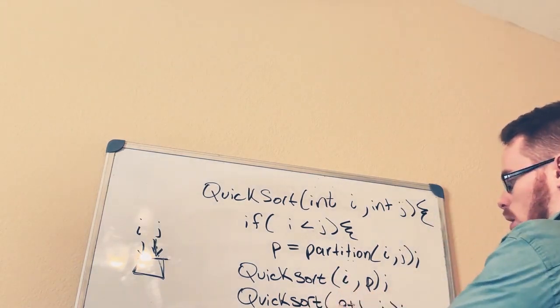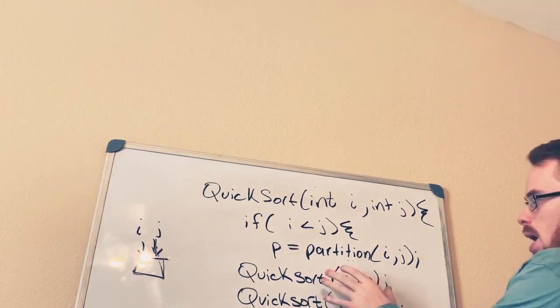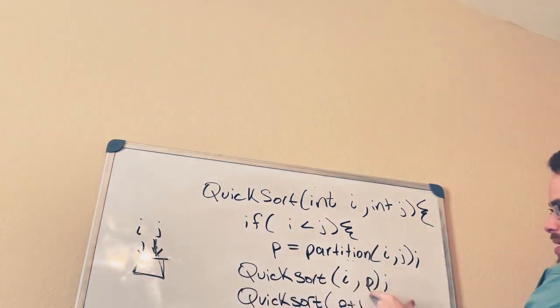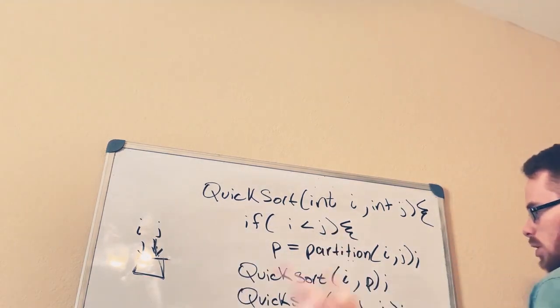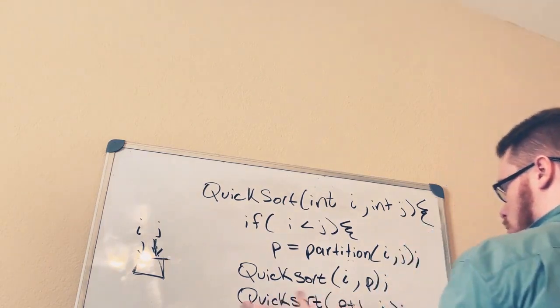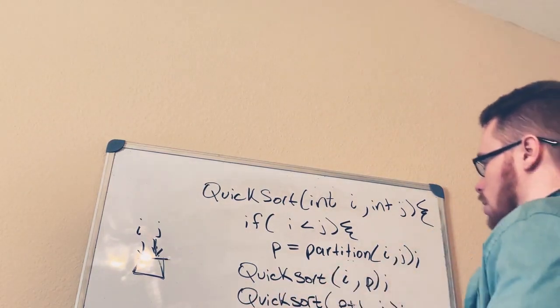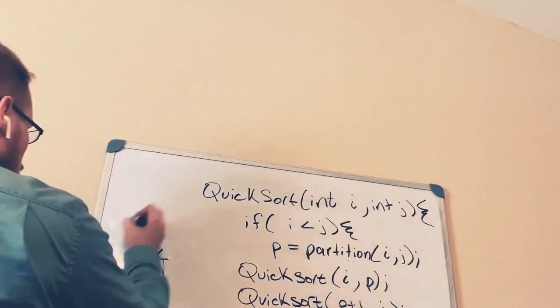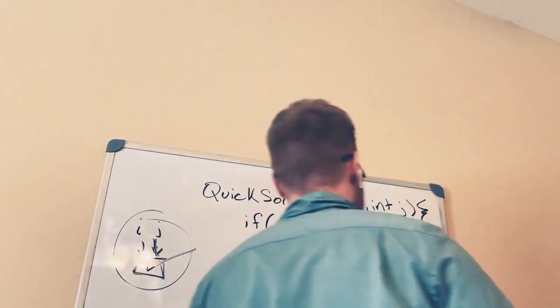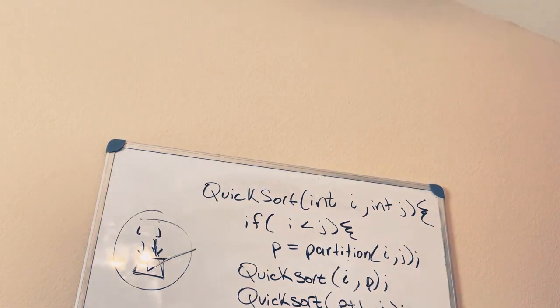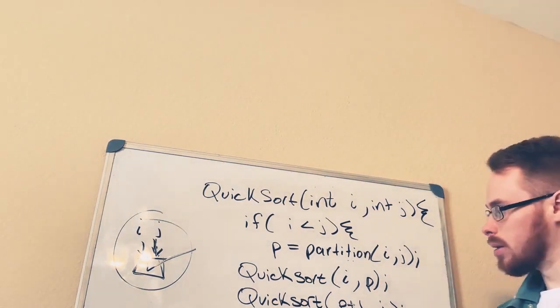Then we keep calling the quicksort method on the left half, which is i to p, where we found the pivot was supposed to be. We quicksort that, and then we also quicksort the right side. We keep doing that until we get to one element, and that is how quicksort is going to sort your array.